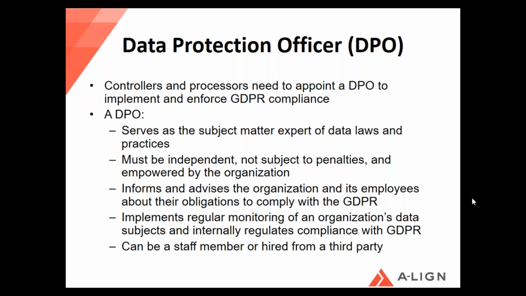So if you choose not to appoint one, you have to document your thought process, whether it's through meeting minutes or anything of that nature, to show that you have gone through that discussion, that you have identified the need or lack thereof to appoint a DPO, and that you have a well-justified and documented reason for not appointing one.